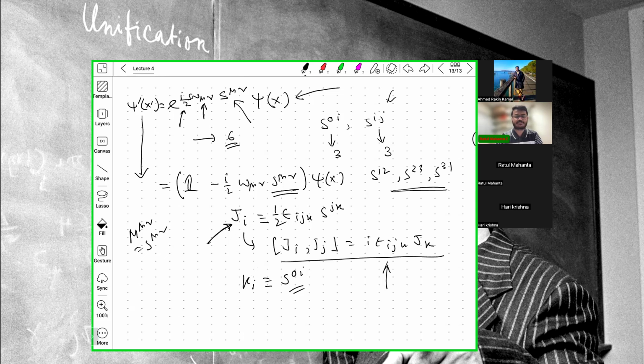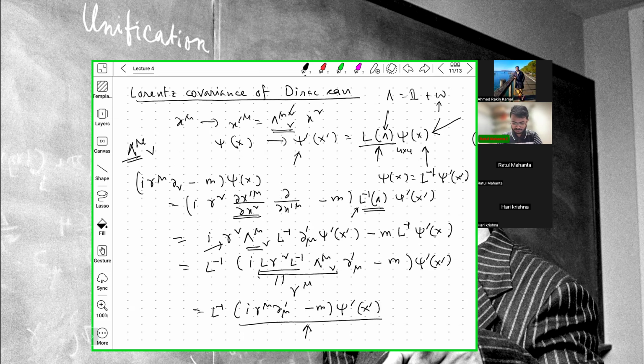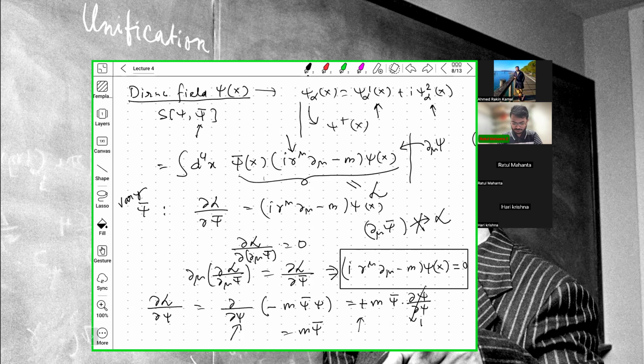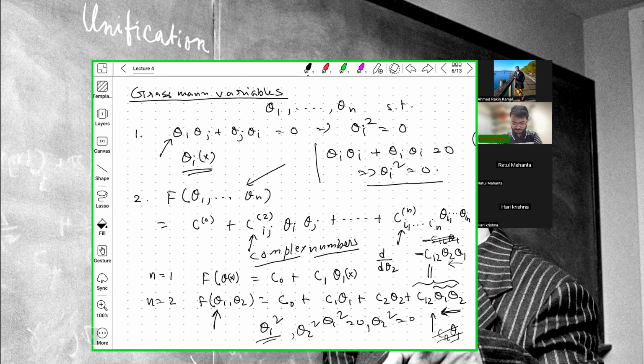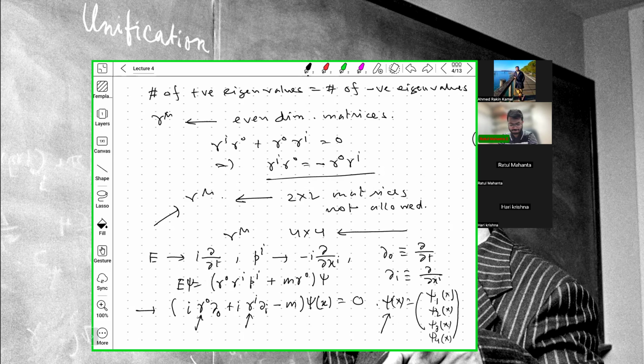Yes, please. Sir, on page number 4. In the down, I gamma 0 dou 0, is that a plus sign or minus sign for the three space components?